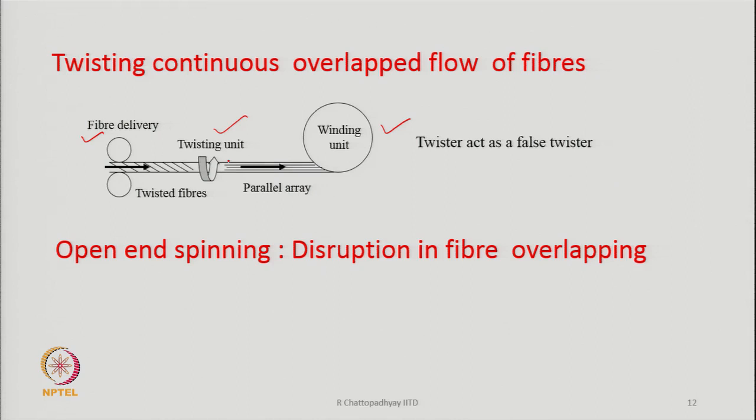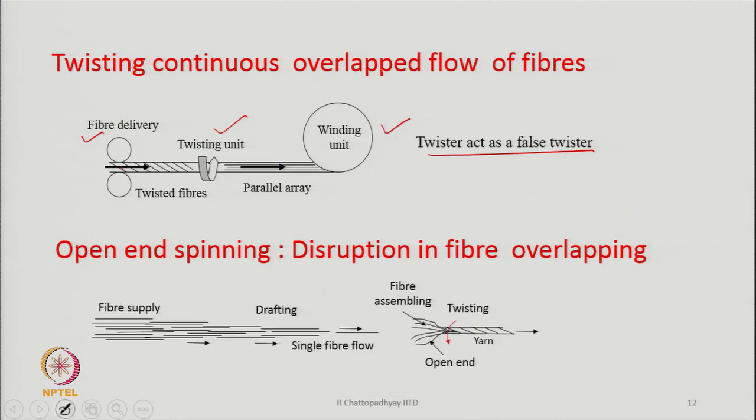what will happen? This twisting unit will actually start working as a false twister. If you are familiar with the false twisting process, then this is exactly a false twisting process, because there is a continuity in the supply of fibers from delivery point to the winding point, and these fibers are overlapping on each other.